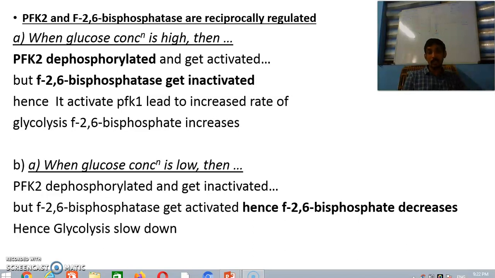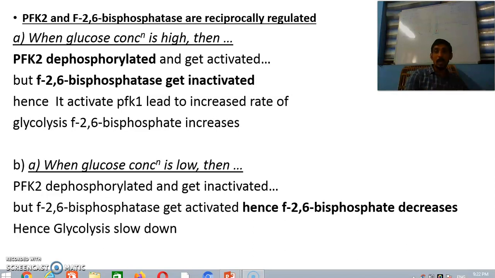So activation leads to the breakdown of fructose 2,6-bisphosphate. Hence, fructose 2,6-bisphosphate concentration decreases within the cell. That leads to the slowdown of glycolysis, because if the fructose 2,6-bisphosphate concentration is very low, then PFK1 cannot be activated by an external agency like in the previous case. So here glycolysis slows down. In the previous case, the rate of glycolysis will be faster. That is the process happening.